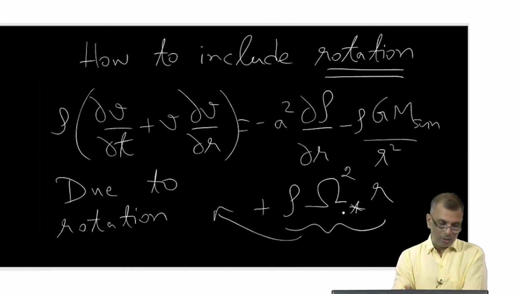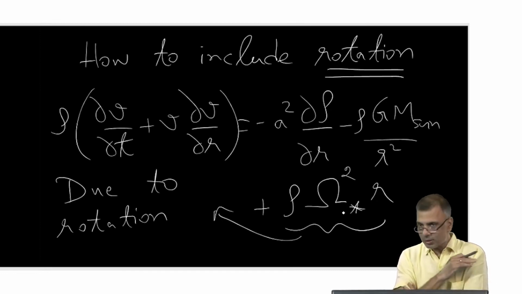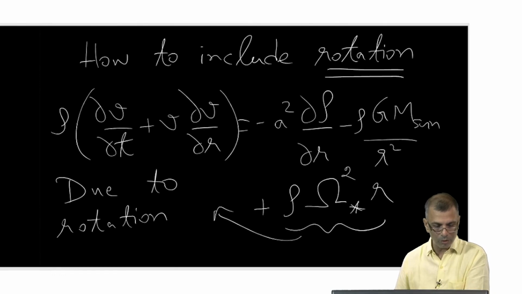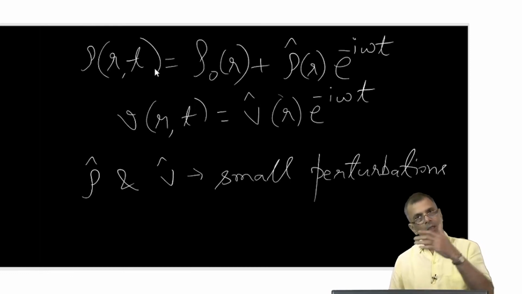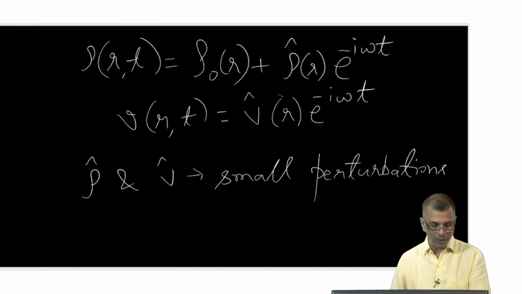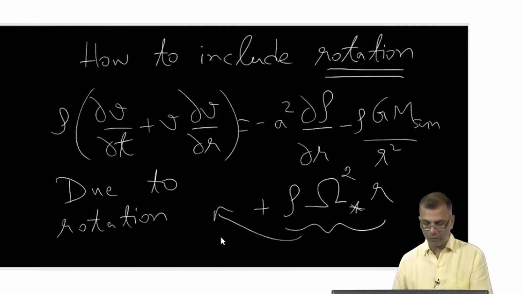Okay. Now, the recipe is the same. You assume this kind of solution. Okay. You assume a small perturbation in density, and you assume a small perturbation in velocity, and you put it through the two equations, mass conservation and momentum conservation, except now the momentum conservation equation is modified like this.